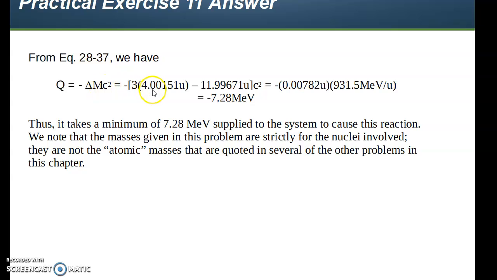And that is the change, 3 of these minus 1 of these, right? So you've got 3 helium and 1 carbon-12. That gives you this value right here. So this is the energy that must be supplied to the system to cause that carbon-12 nucleus to break up into 3 separate helium nuclei. Okay?